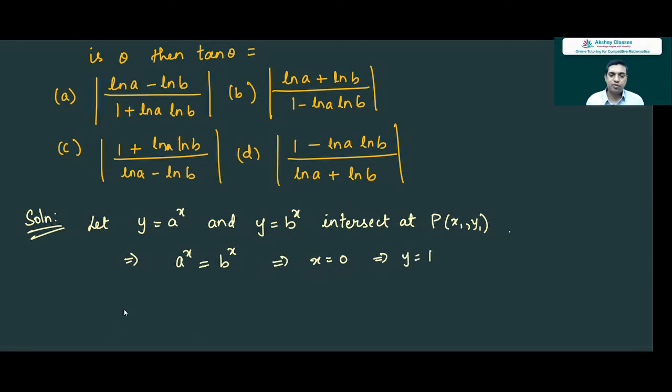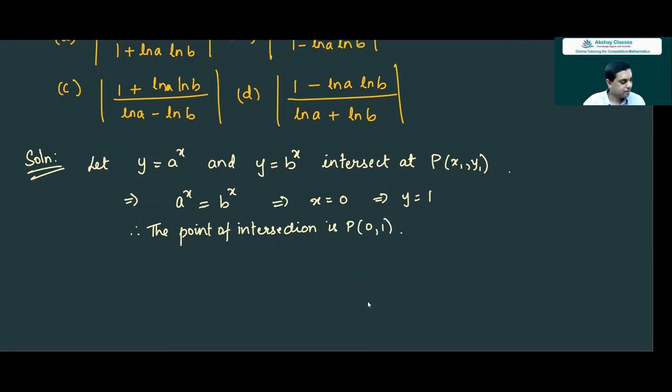It means y equal to 1. Therefore, the point of intersection is P 0, 1.